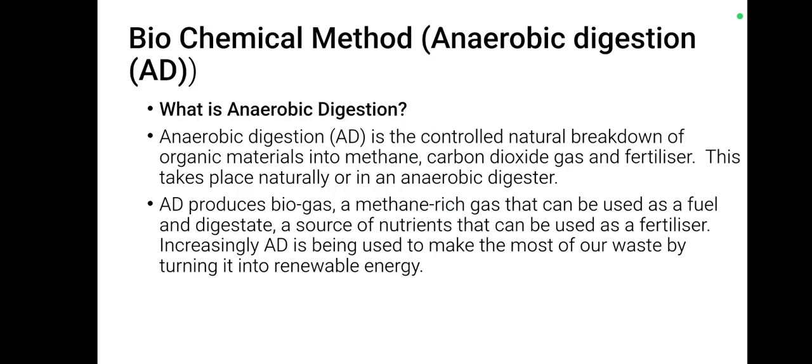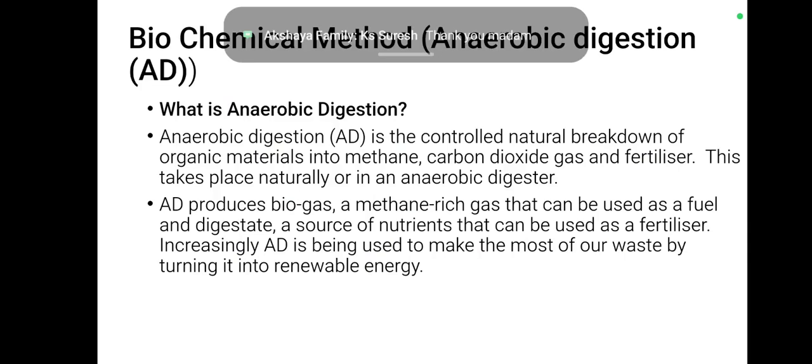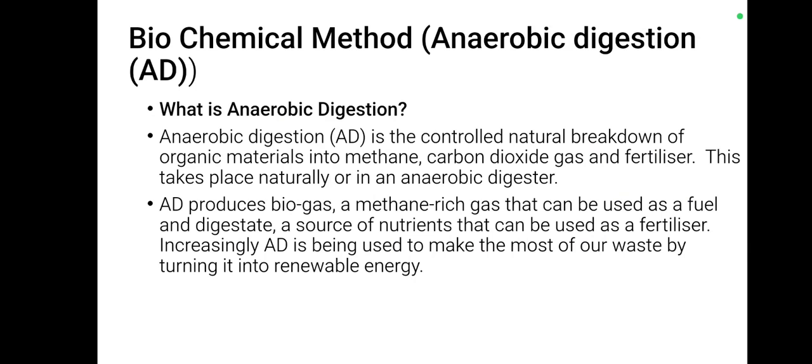The last method is the biochemical method. In this method, we may use two types. One is the anaerobic digestion method, simply called AD. What is anaerobic digestion? Anaerobic digestion is the controlled natural breakdown of organic materials into methane, carbon dioxide gas and fertilizer.